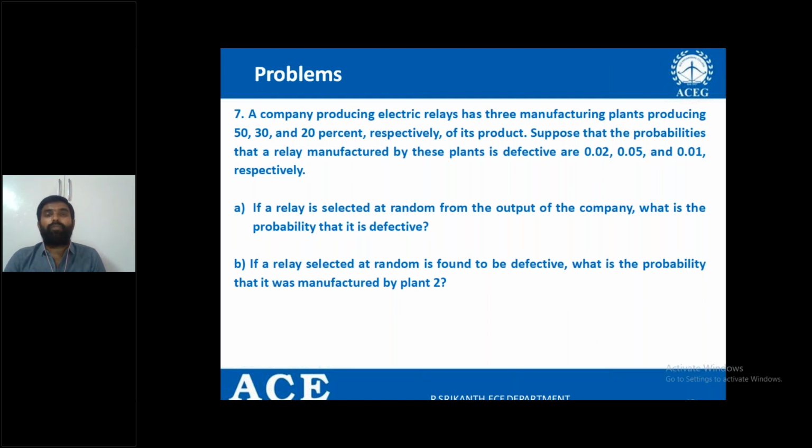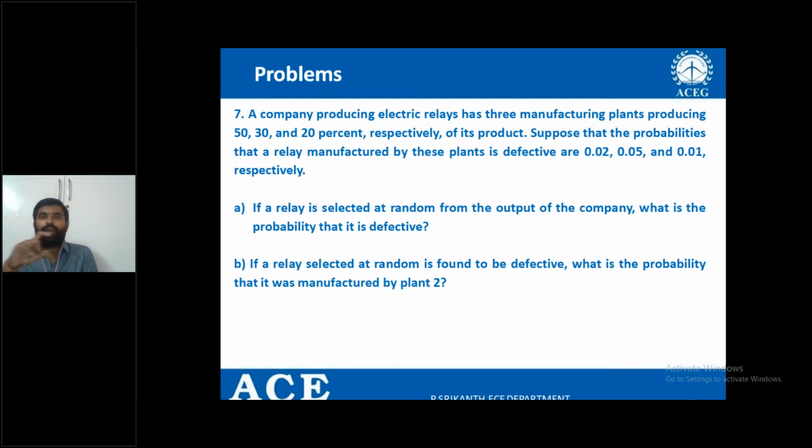Therefore, the total probability of a defective electric relay can be found by considering all the conditional probabilities, that is, the probability of a defective one when A1 manufactures, when A2 manufactures, and when A3 manufactures, right?